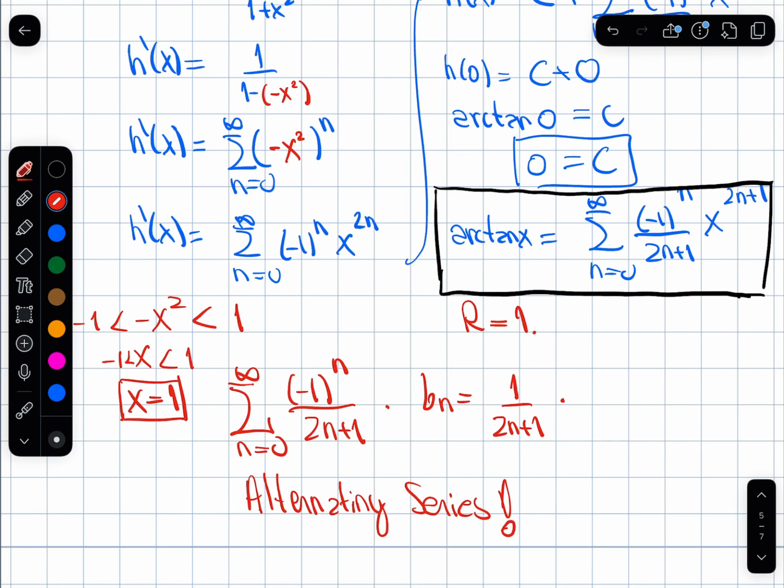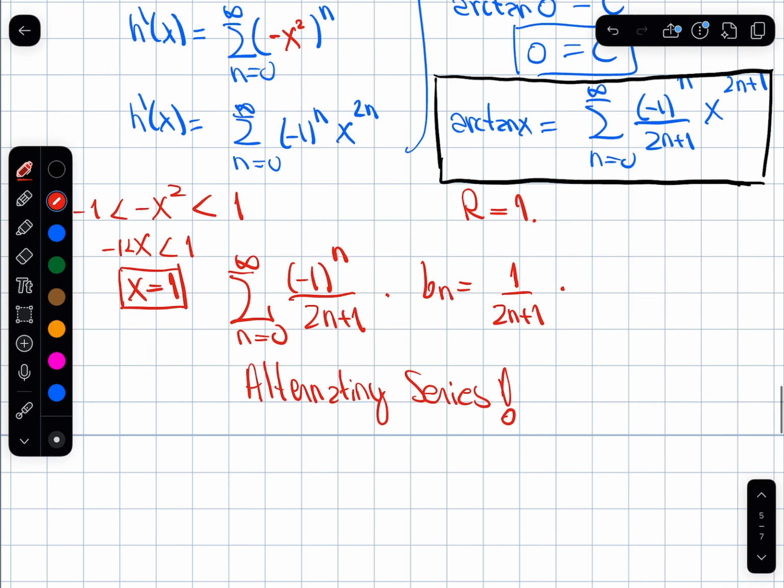I'll let you do the work of verifying the conditions of this, but your b_n, the limit equals 0, and it's also decreasing. It's pretty obvious. So by the alternating series test, this converges. So taking the integral made it converge at the endpoint of 1.